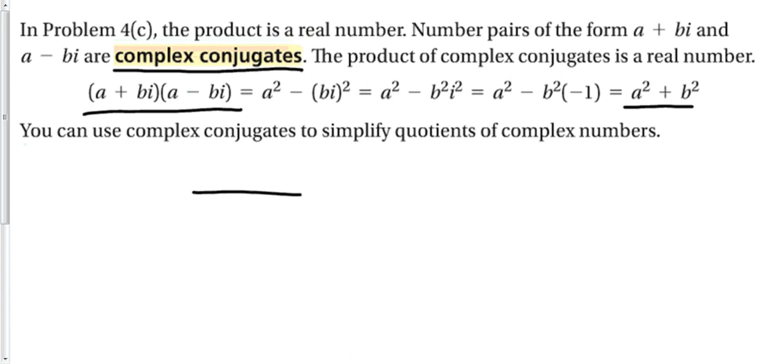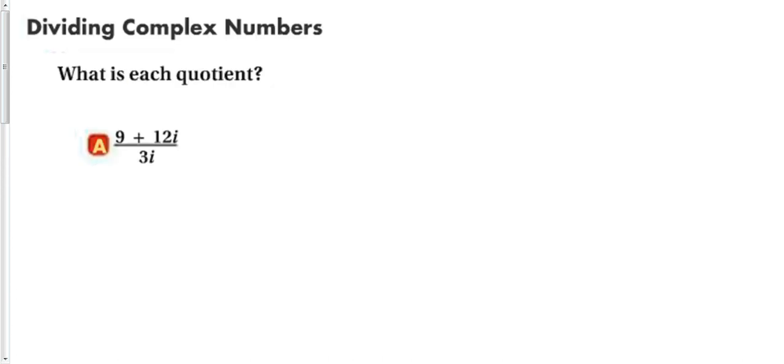Because just like you are not allowed to leave a radical in the denominator, we are not allowed to leave an imaginary number in the denominator. So we are going to use complex conjugates to help me clear them. For instance, this problem. Okay? So what I can do here is I can multiply the top and the bottom by the conjugate of 3i.